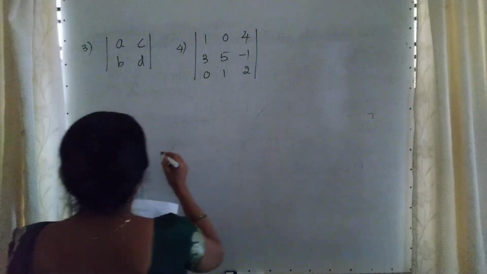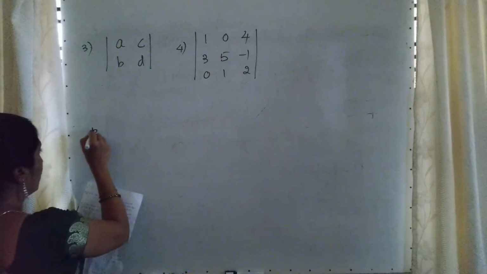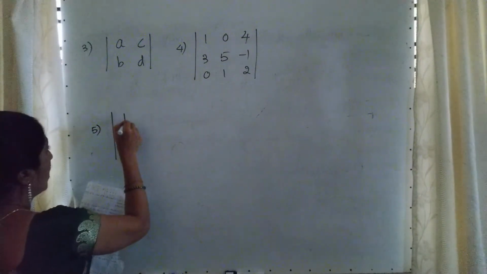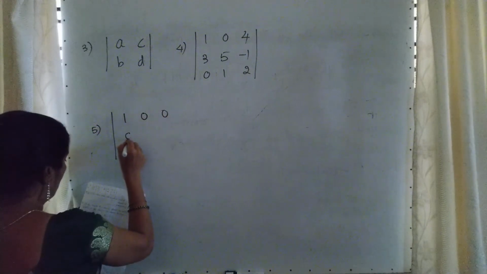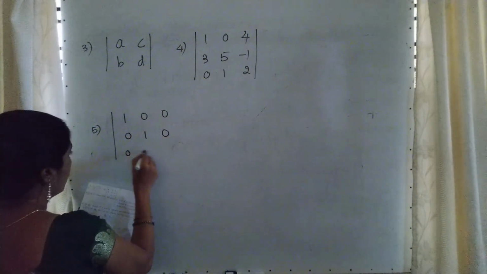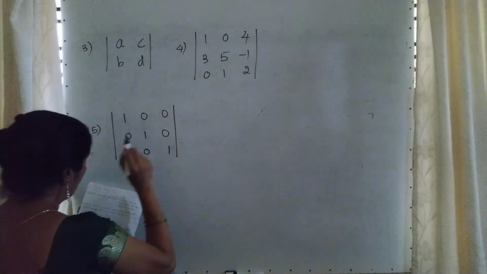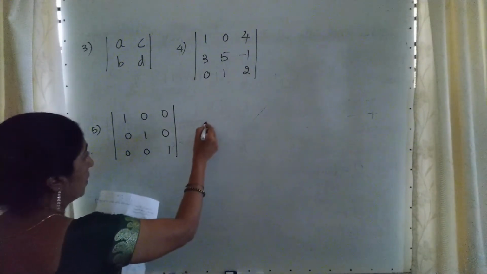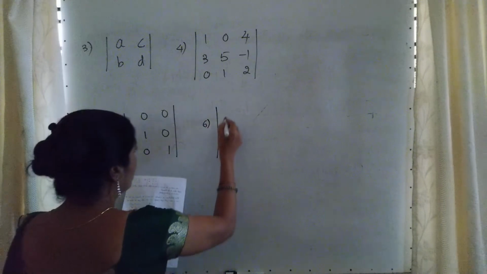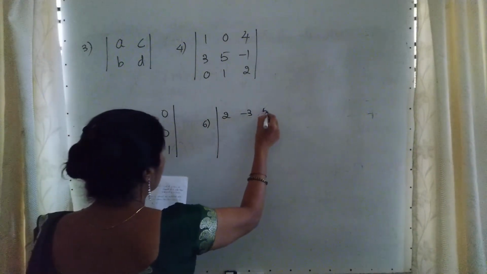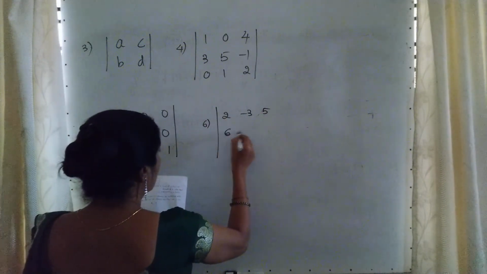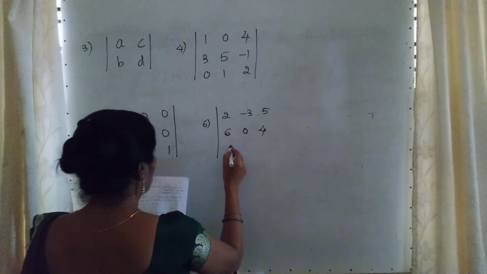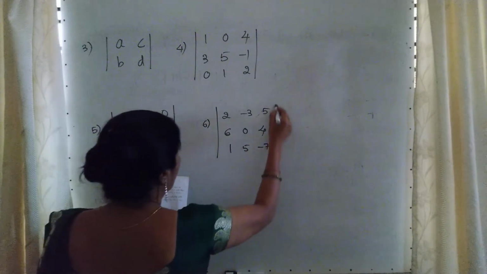So this is the example homework. Fifth one, 1, 0, 0, 0, 1, 0, 0, 0, 1. These three questions are an assignment. Even though, take a sixth one also: 2, minus 3, 5, 6, 0, 4, 1, 5, minus 7.